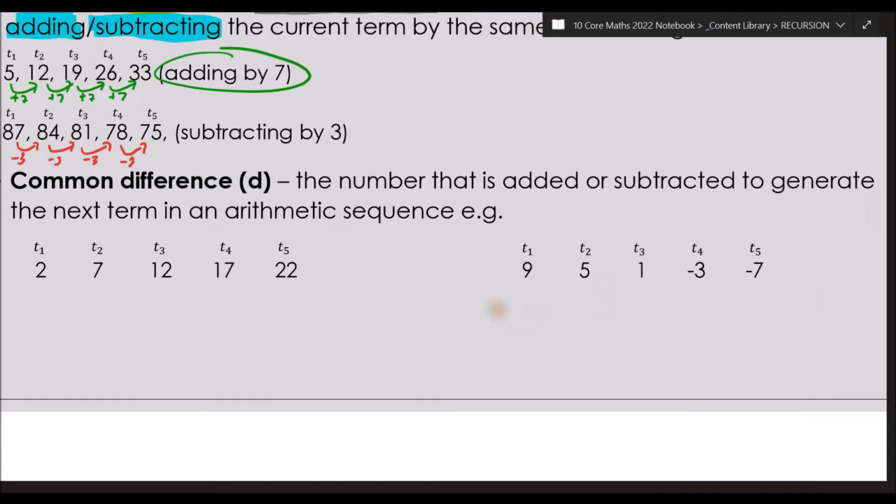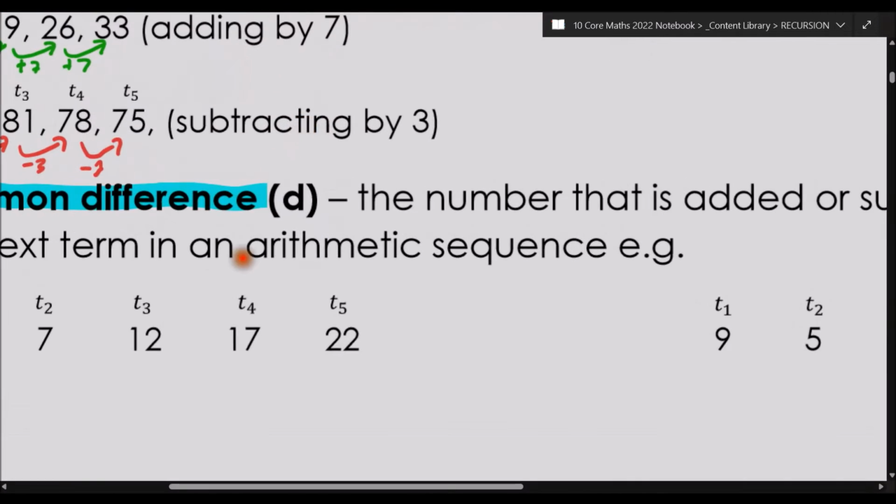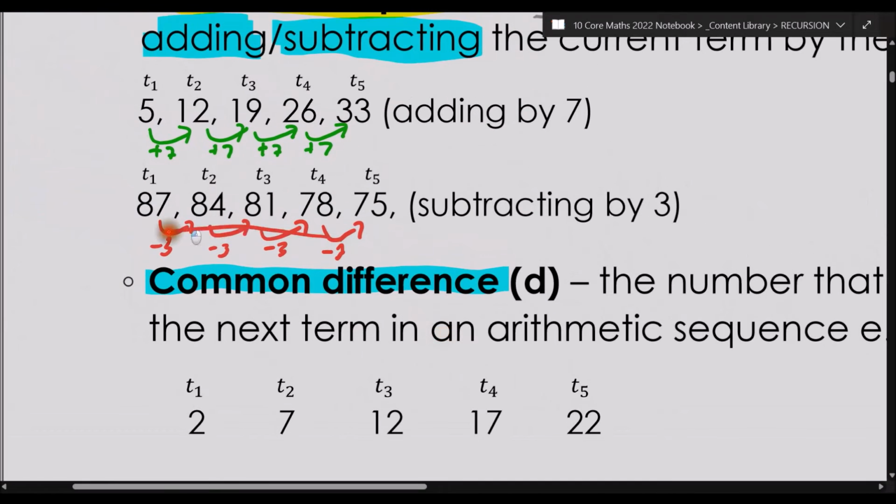Now, the common difference is another keyword we need to learn about. Your common difference is the number that you're either adding or subtracting to get the next term in your arithmetic sequence. So if we go back to the previous examples, it's these numbers.